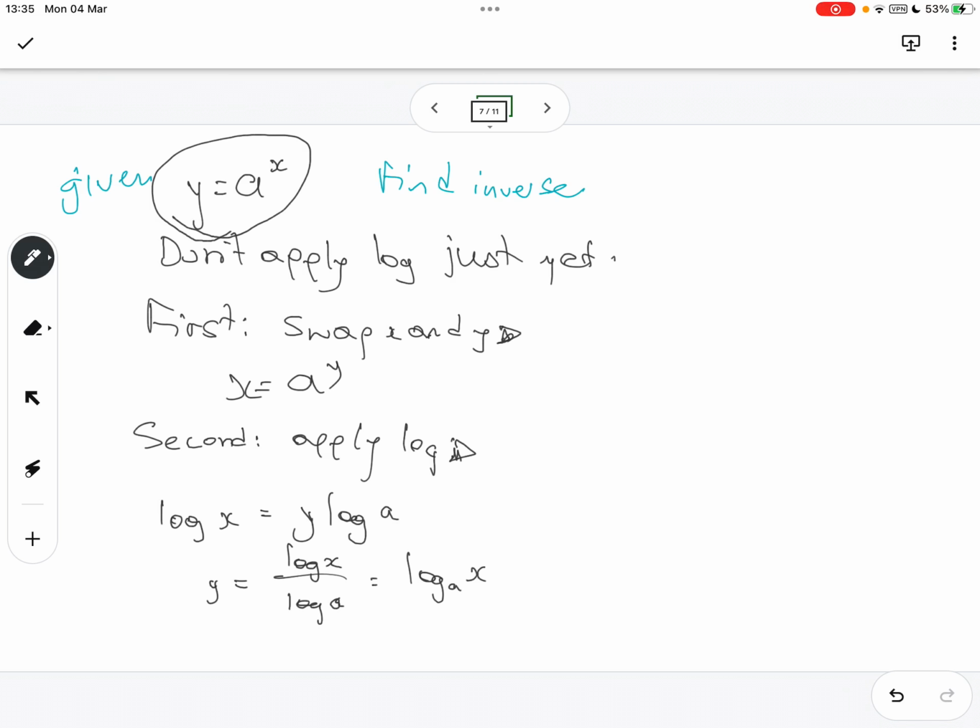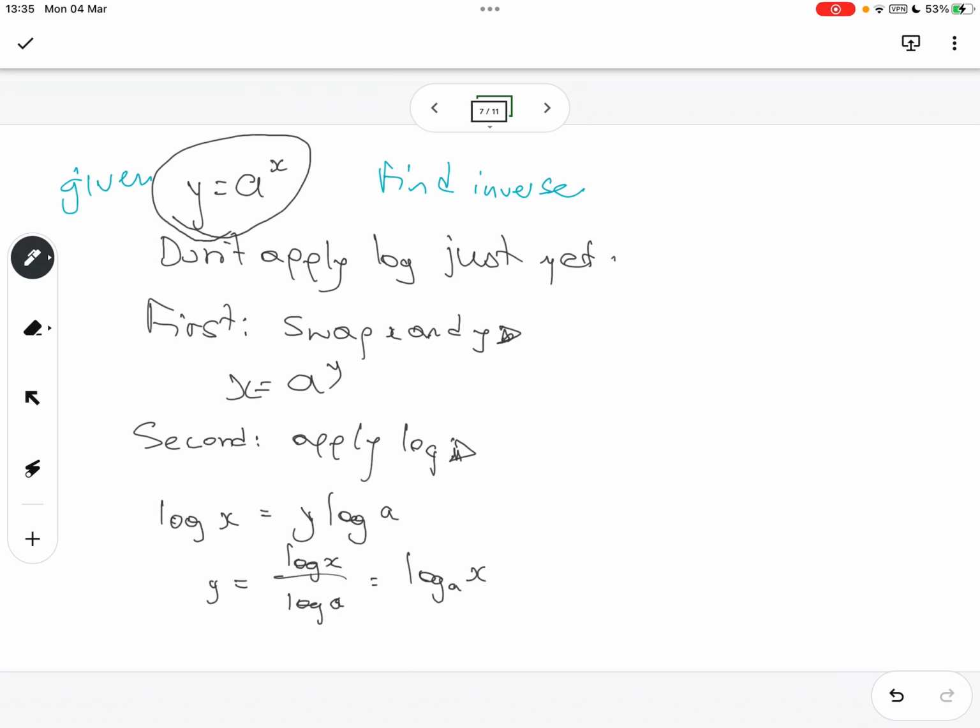But you see, like here, log is an inverse of an exponential function. But if you're given a function versus an exponential expression, a function being y equals a to power x, but an expression being like 5 squared equals 25, that's an expression.